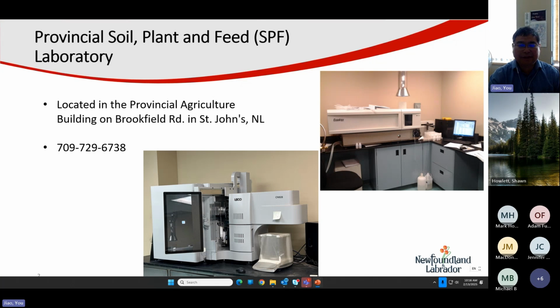In the lab, we have the ICP, and the LECO, which measures nitrogen and carbon. All the other elements we report, we use the ICP.